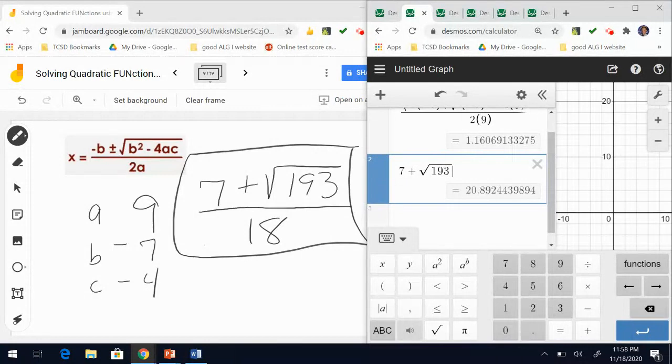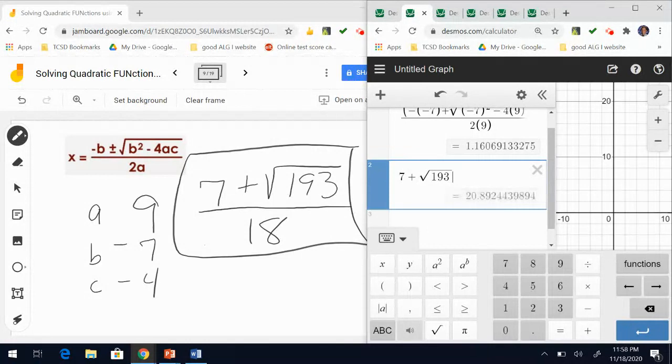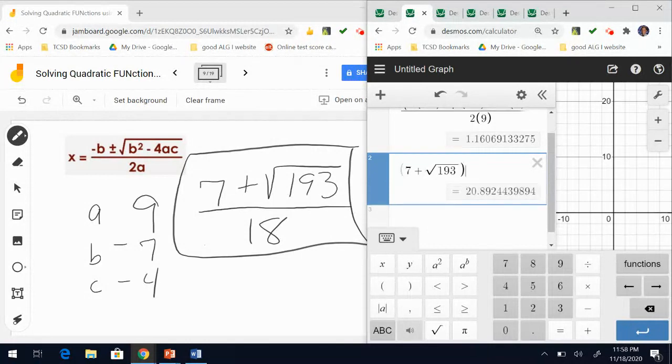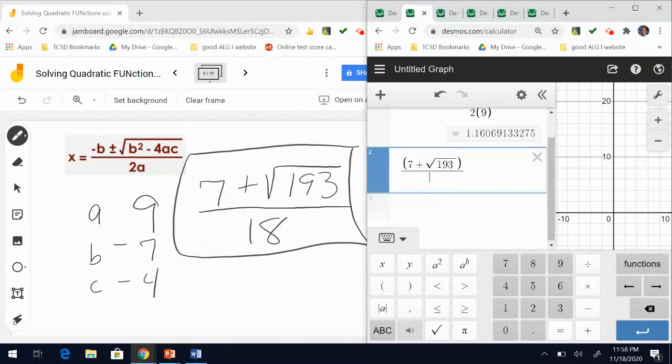And then let me put this in parentheses because that's the numerator, divided by 18. I get that same answer, right? So what does that mean? That these are equivalent. This crazy 7 plus radical 193 divided by 18 is this irrational decimal, okay?